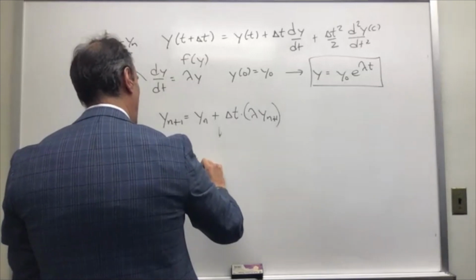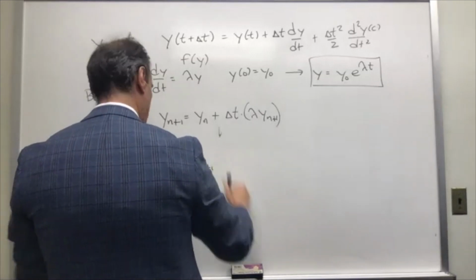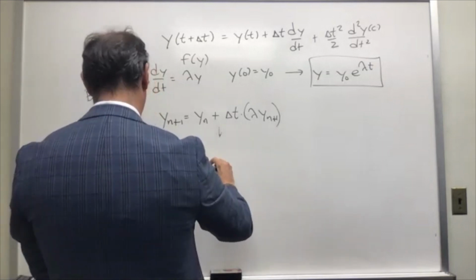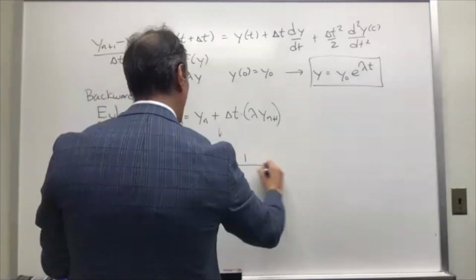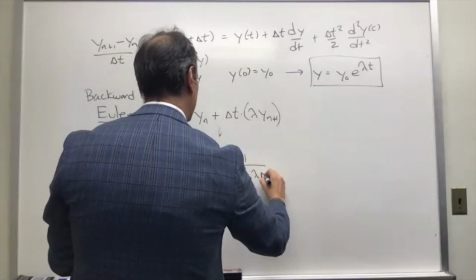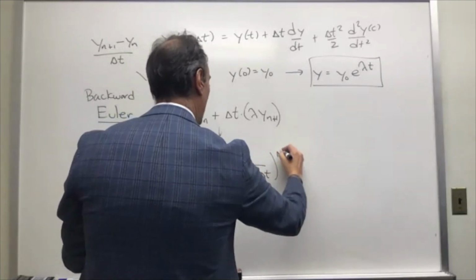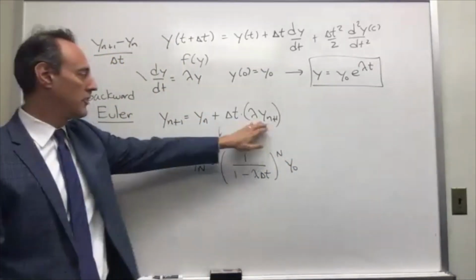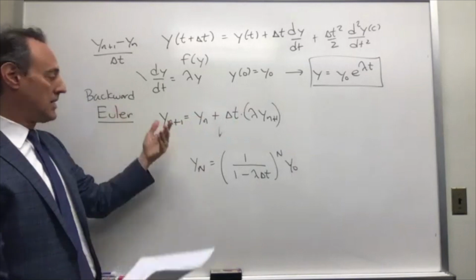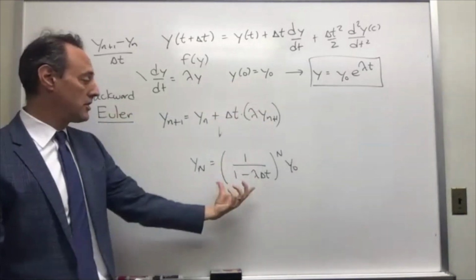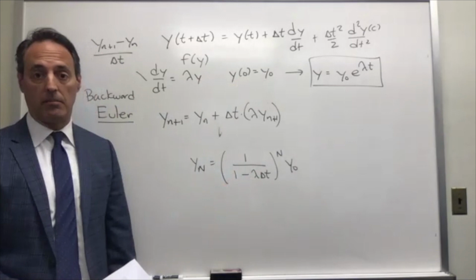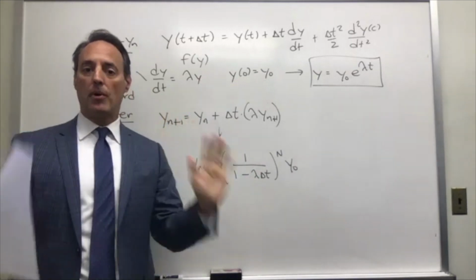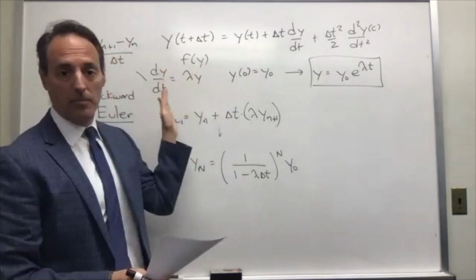If I do my iteration scheme like we did before, you get (1 over 1 minus lambda delta t) to the nth power times y0. All I did was take this, combine it with this, and use my initial condition to get my basic iteration scheme.